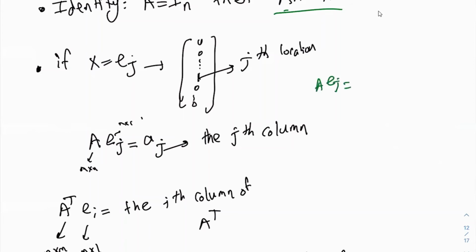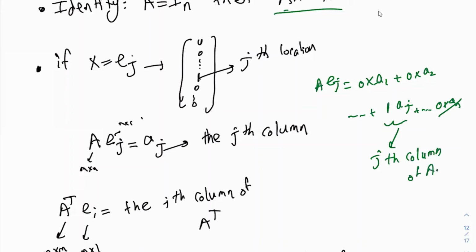It is equal to 0 times a1, where a1 is the first column of A, plus 0 times a2, all the way to 1 times aj, plus all the way to 0 times an. A has n columns. All the rest are 0. The only thing that is not 0 is aj, 1 times aj, which means the jth column of A.